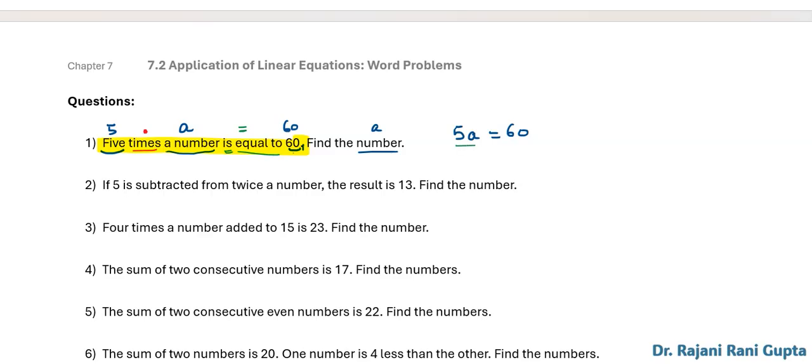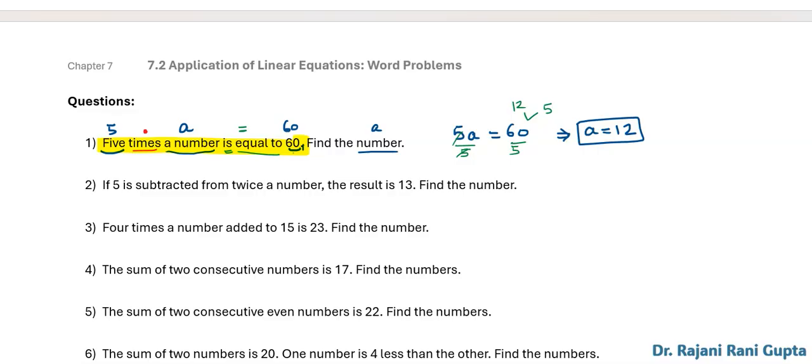So what will you do? Divide by 5, cancelling this. 60 divided by 5 is 12. This gives your answer directly. A equal to 12. Clear? So this is how you solve word problems. The first important thing is to convert the statement into an expression, then an equation, and then solve it. Let's do the second one, and the remaining we'll do in the next video.